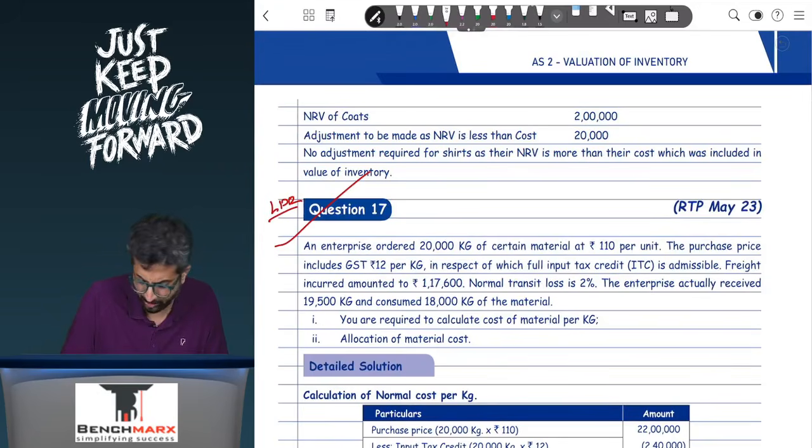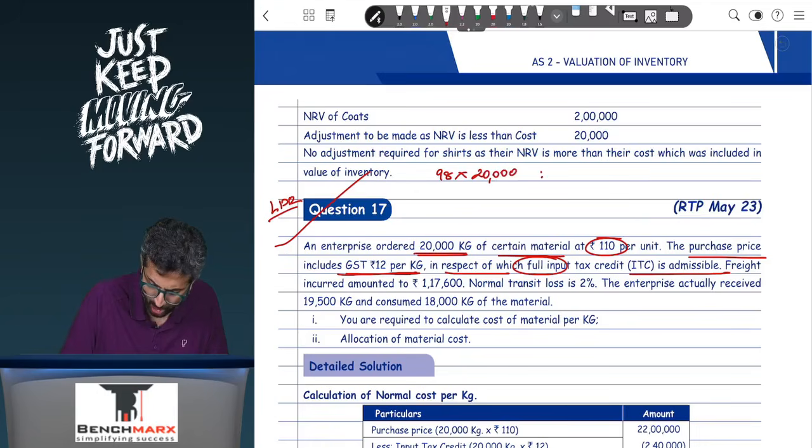It's a good question. An enterprise ordered 20,000 kgs of certain materials at 110. The purchase price includes GST of 12, in respect of which full input credit is admissible. So your net purchase price would be 110 minus 12, that is equal to 98, into 20,000 kgs. Freight amounted to 1,17,600.